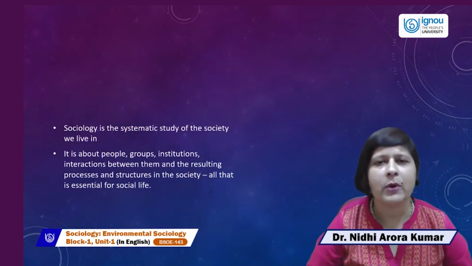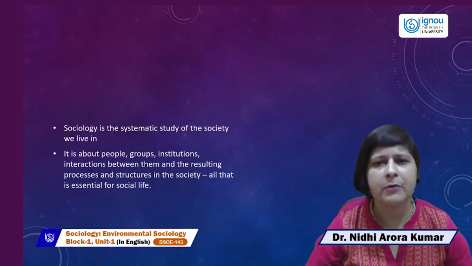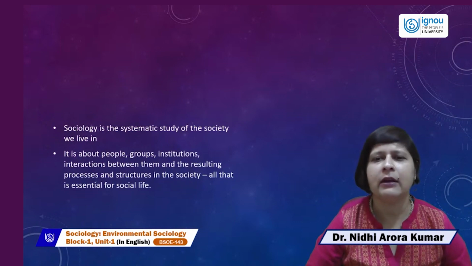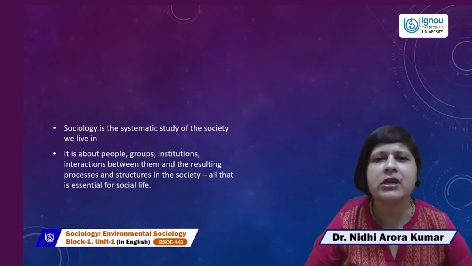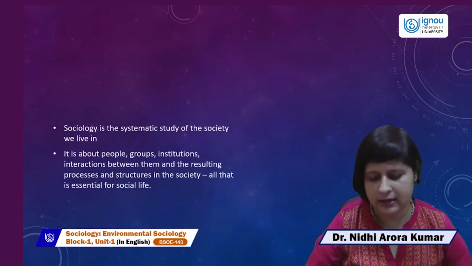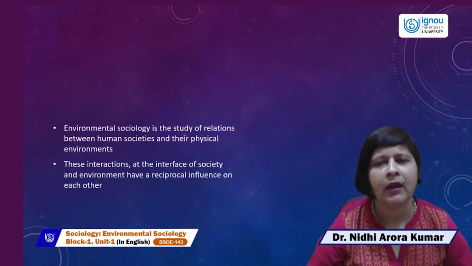So environment is the study of human beings, all living things, land, air, water, and sociology is the systematic study of society, that is interaction between groups, institutions and people, which results in processes and structures in the society.